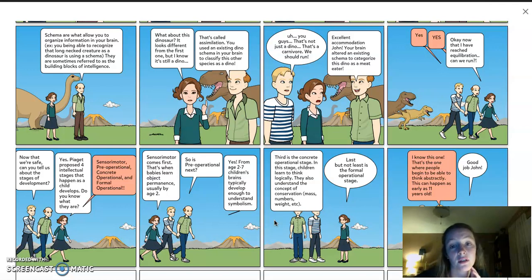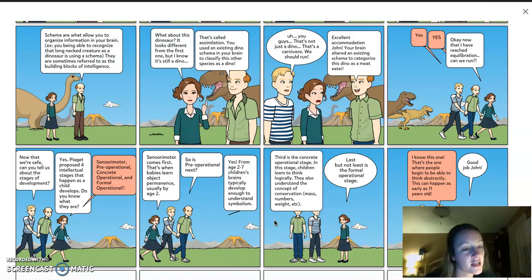That's a carnivore. We should run. Excellent accommodation, John. Your brain altered an existing schema so that you could now characterize this dino as a meat eater. Okay, now that I've reached equilibration, can we run now? Yes. So we run. Whew, okay, we're safe.